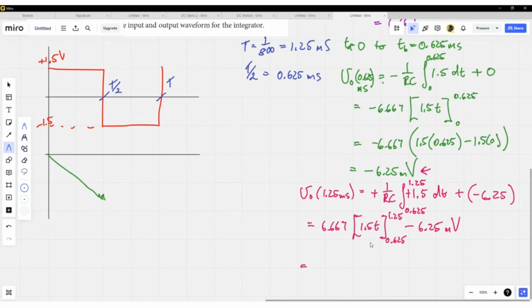So this here is 6.667, and this is going to be 1.5 times 1.25 minus 1.5 times 0.625, minus 6.25.